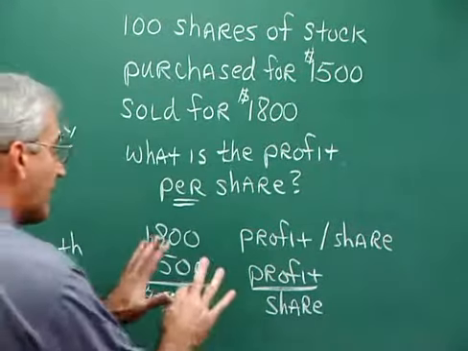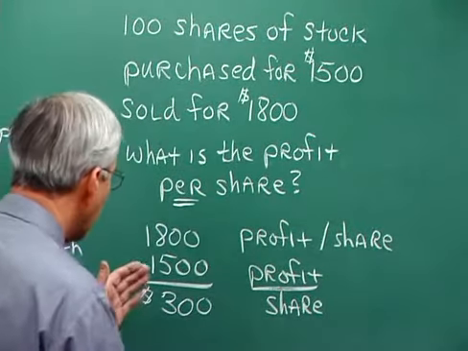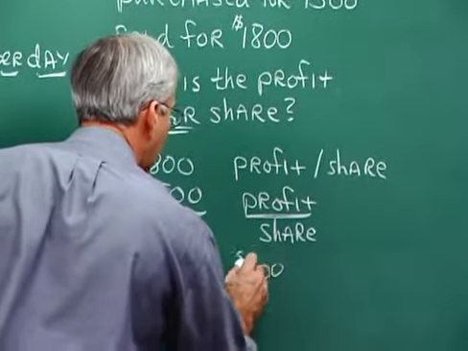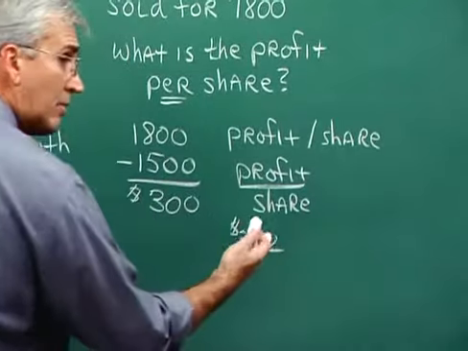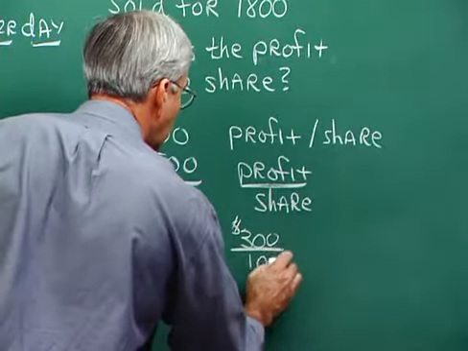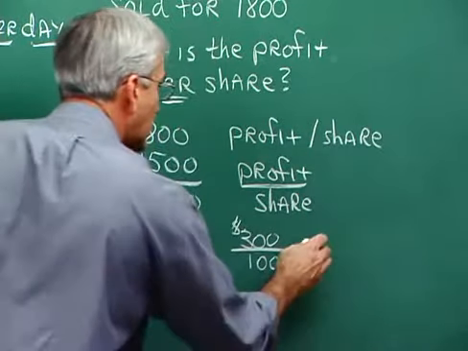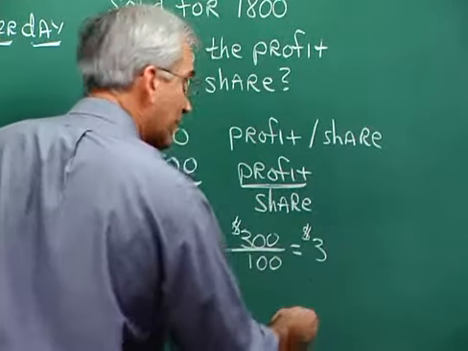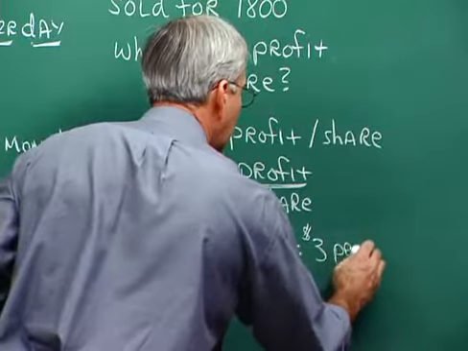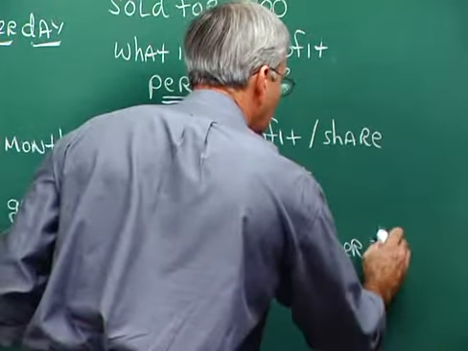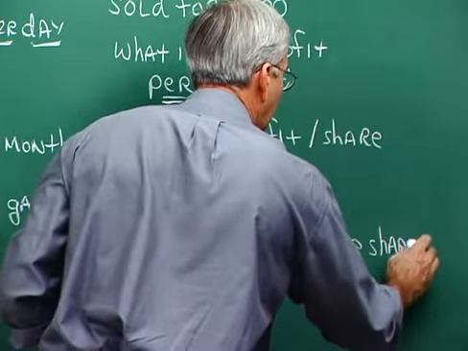You see, it's profit divided by shares. And the profit is 300, so we have a $300 profit, and we're going to divide by the number of shares, which is 100. And when we divide here, we get 3. So it's $3 of profit per share. The profit is $3 per share of this stock.